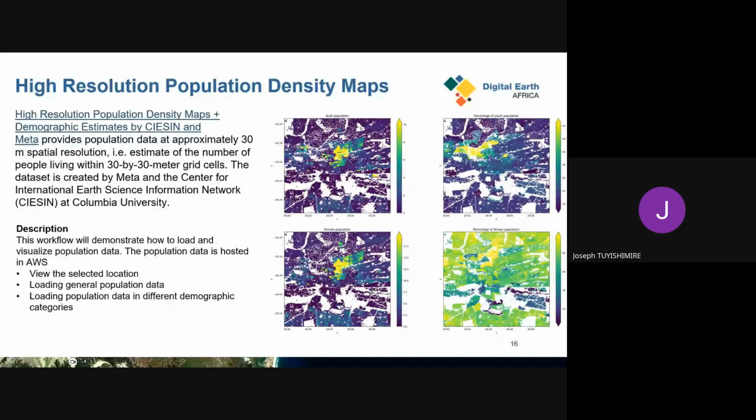They are very useful to understand the dynamics of populations across the continent. The providers even gave clear metadata, and you could compare youth population, female population, percentage of youth and female, very well detailed data to inform several development initiatives.